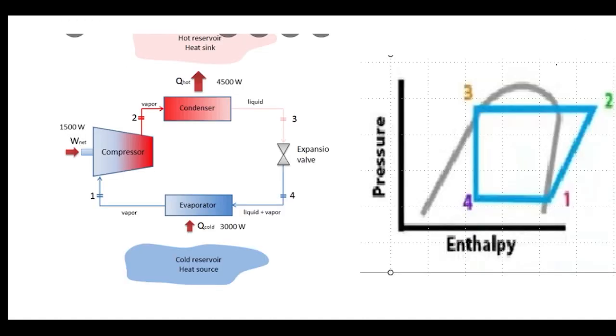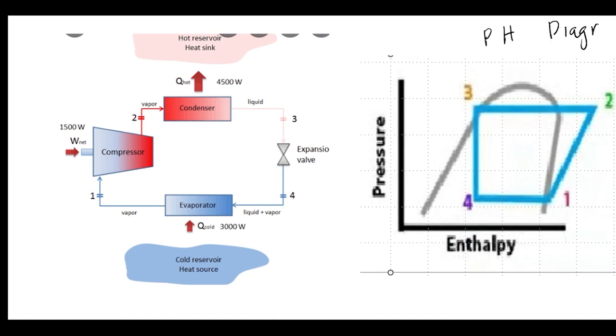So first, we have here the vapor compression cycle on the left side and the pH diagram on the right side. This is the pH diagram.